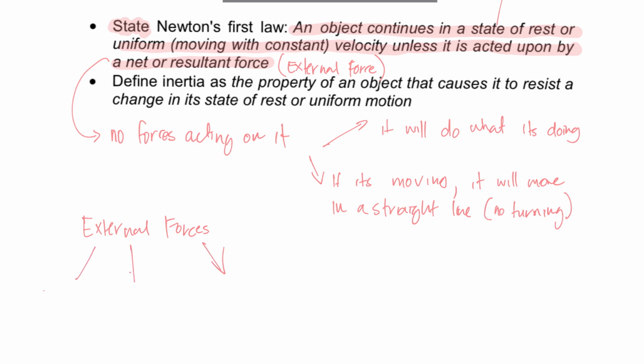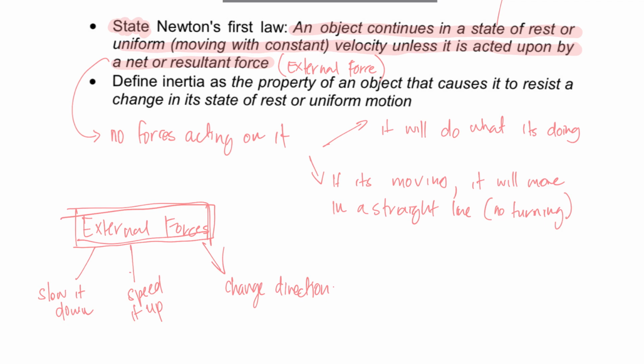The first thing they can do is slow it down, or they can speed the object up. And the last thing they can do is change direction. So when we're looking at these scenarios, you need to make sure you look at the external force and what effect it has on the system.